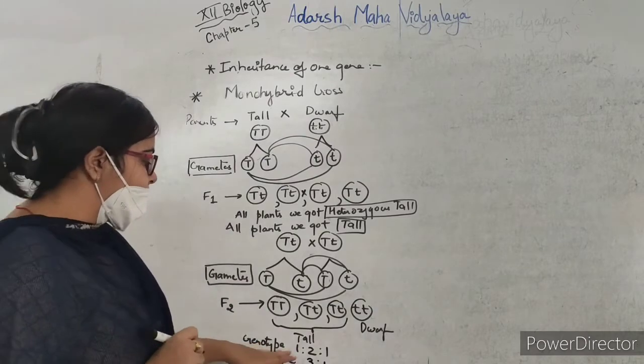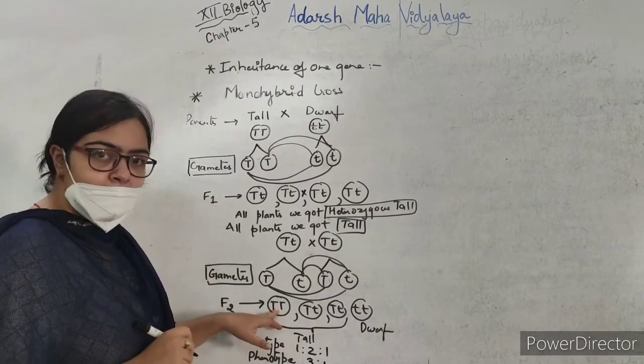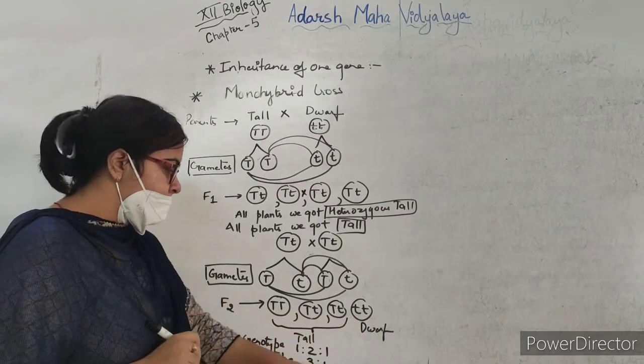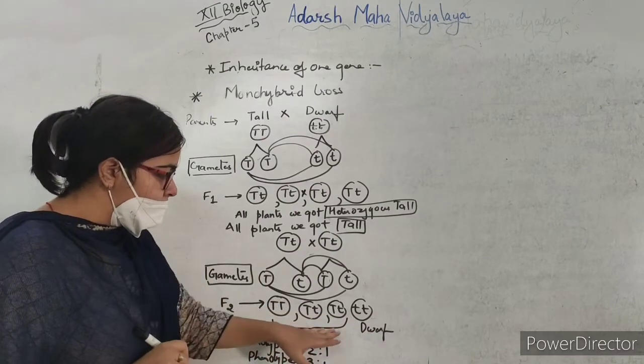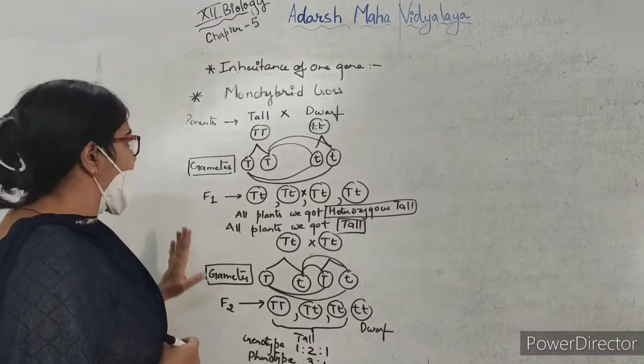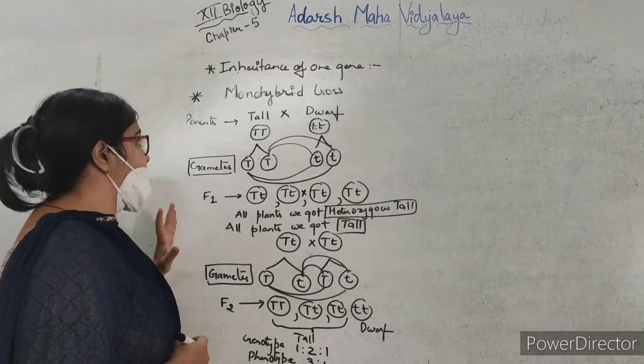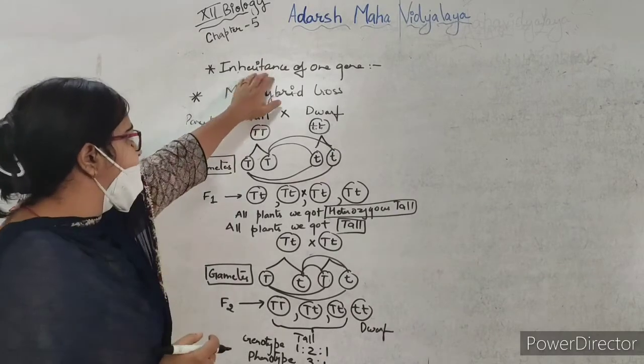Why the genotype was 1:2:1? Because 1 was homozygous tall, 2 were heterozygous tall, and 1 was homozygous dwarf, and phenotype 3 were tall and 1 was dwarf.